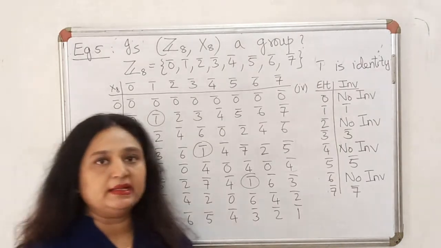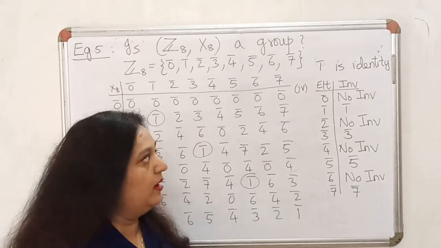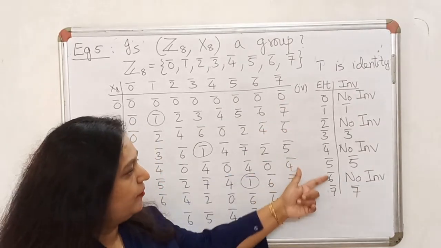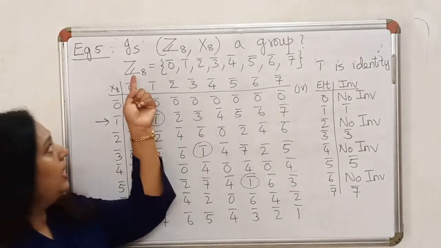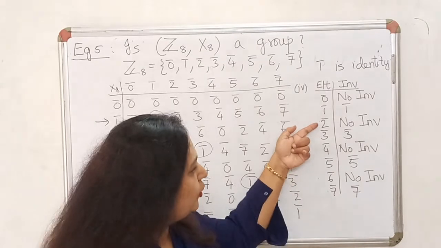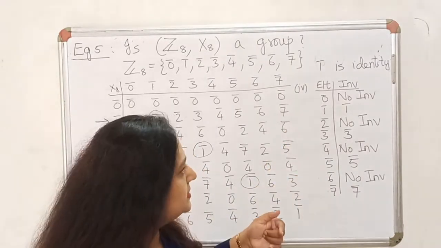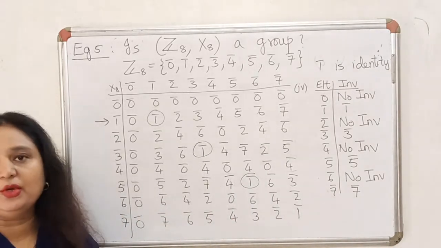And if you look at the pattern, look at the ones first which have an inverse: 1, 3, 5 and 7. Now 1, 3, 5 and 7 are all relatively prime to 8. But 2, 4 and 6 are not relatively prime to 8.